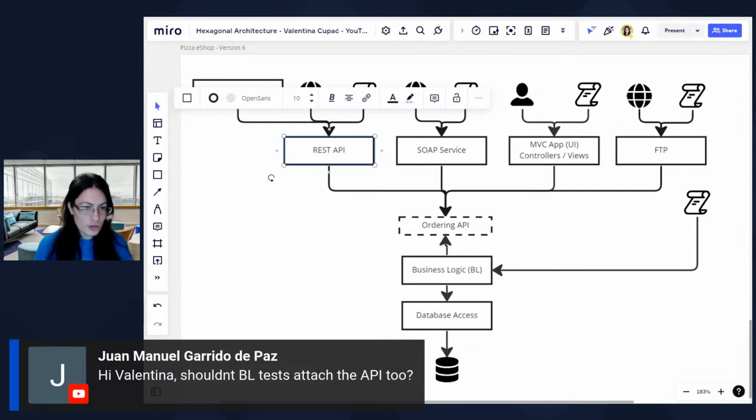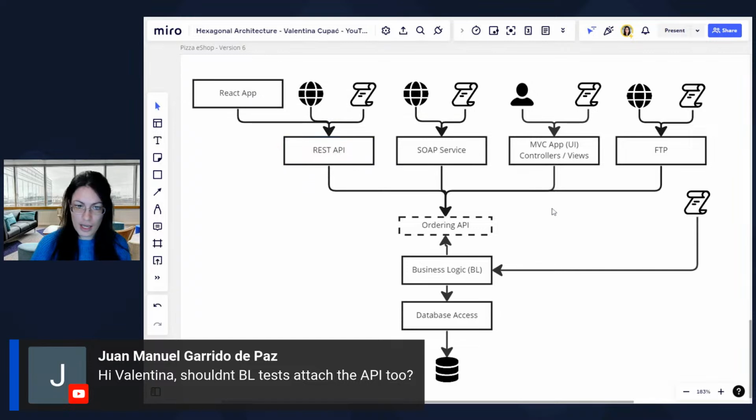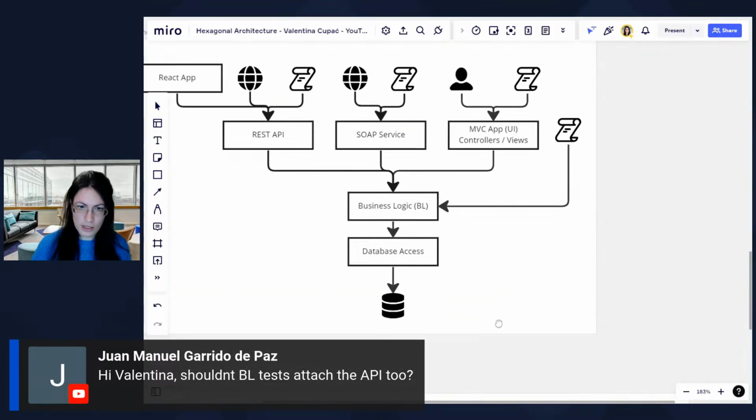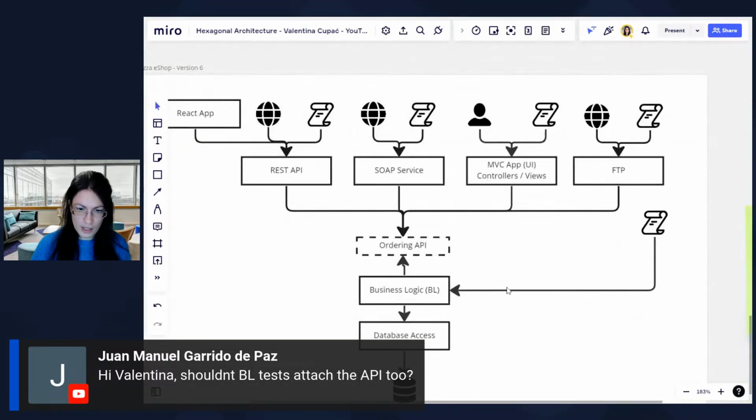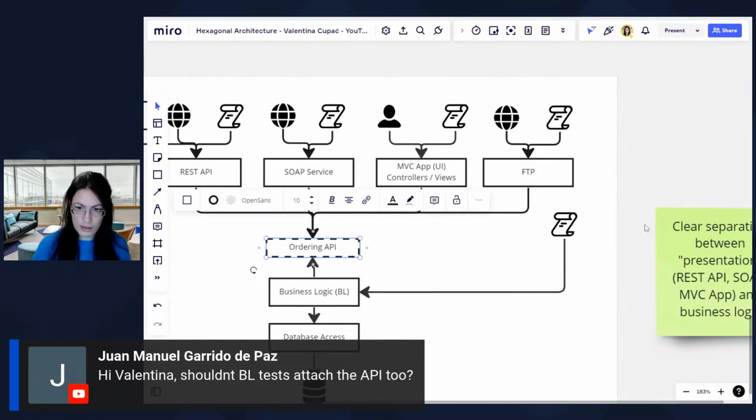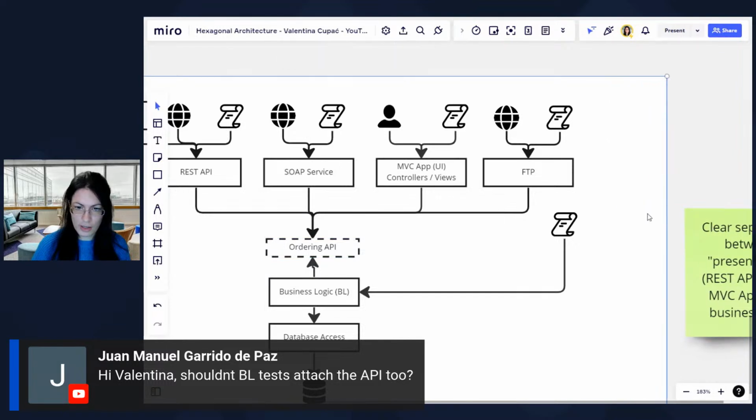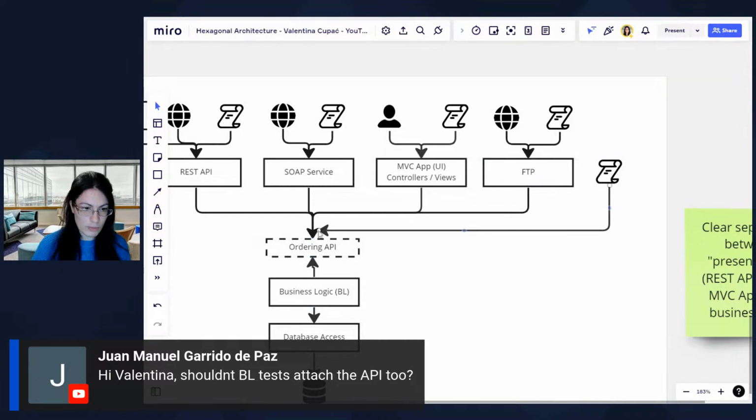Okay, shouldn't the business logic tests attach to the API too? Excellent. This is a really great comment. As we can see in my previous diagram, the tests were targeting the business logic layer directly. Here, since we introduced this ordering API, I'm glad that you pointed that out, our tests will actually be calling our ordering API.